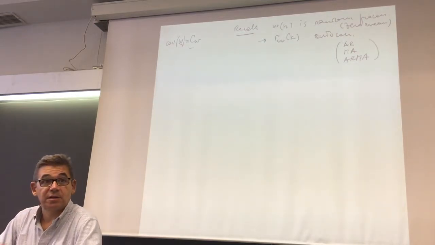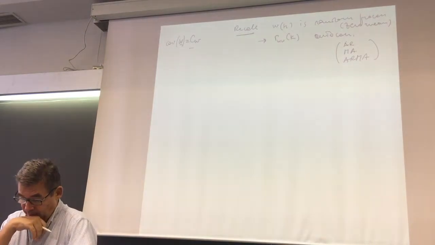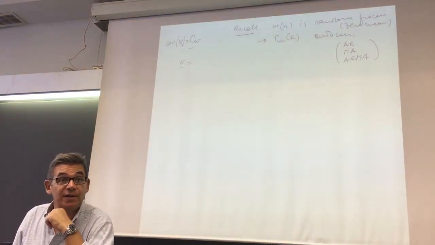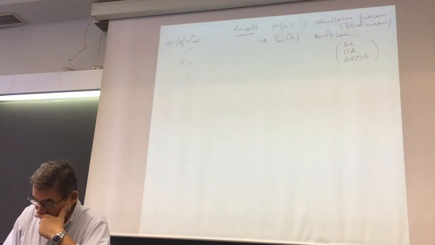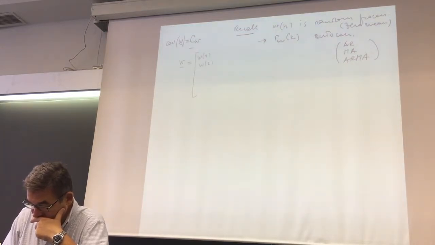It doesn't matter. So that is the autocorrelation. We can compute it. Now let's take the case on the left, say my vector W is, for instance in a filtering problem, obtained by taking W1, W2, ..., Wn.